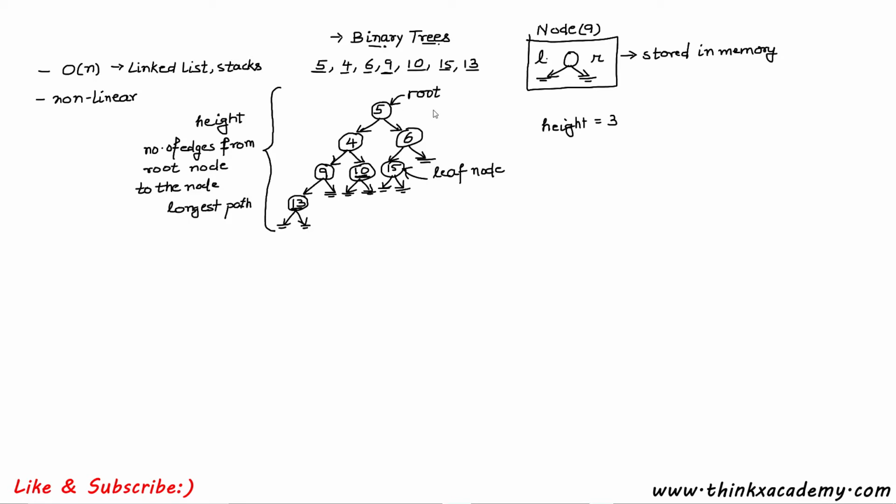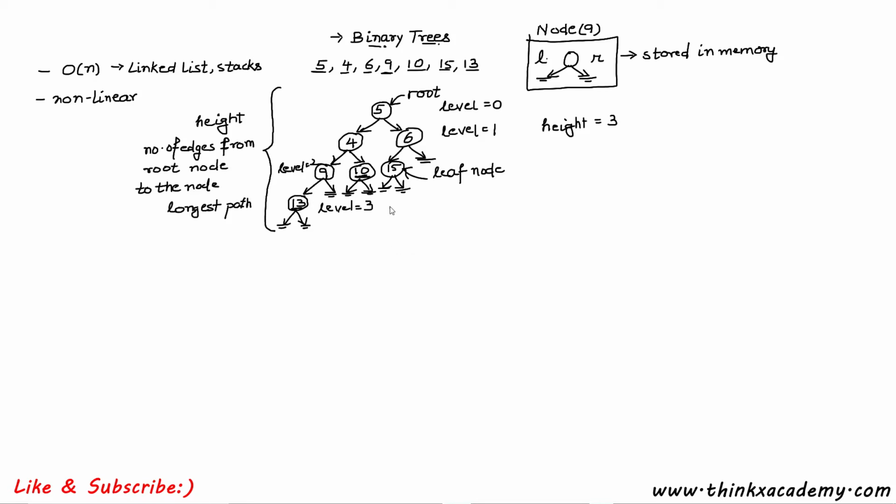Now let's come to another term, which is the level of a binary tree. Level starts from 0. So at level 0 we have node 5. At level 1 we have nodes 4 and 6. At level 2 we have nodes 9, 10 and 15, and level 3 has 13.